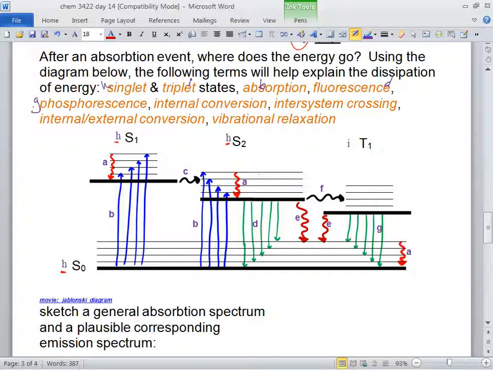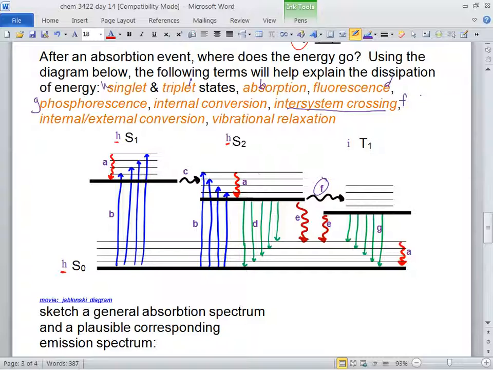Okay. Let's jump to inter-system crossing. F. Because you have inter-system crossing, you want to go from a singlet state to a triplet state, right? Otherwise, if this doesn't happen, you're never going to see phosphorescence.